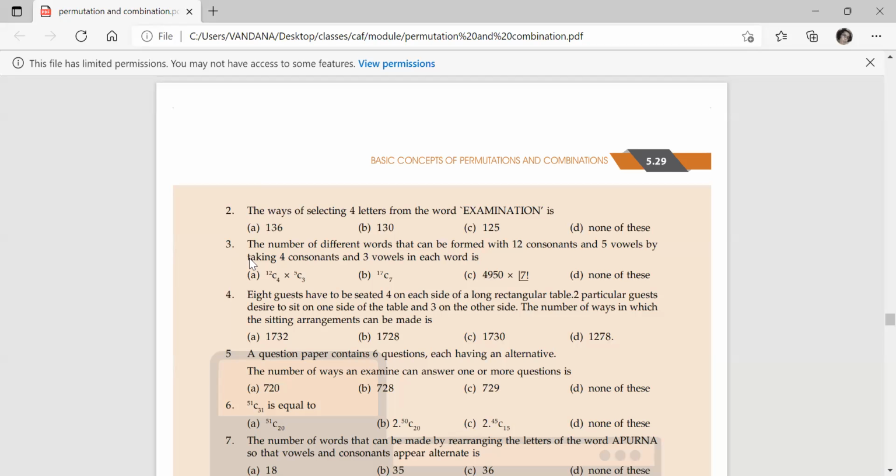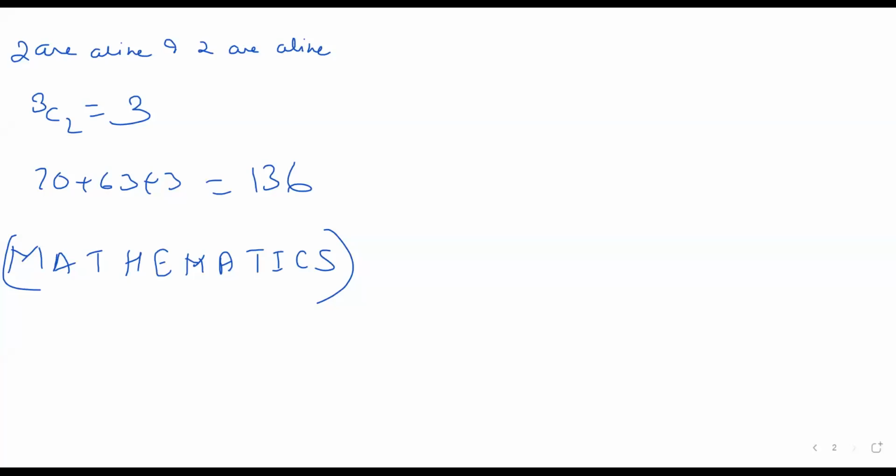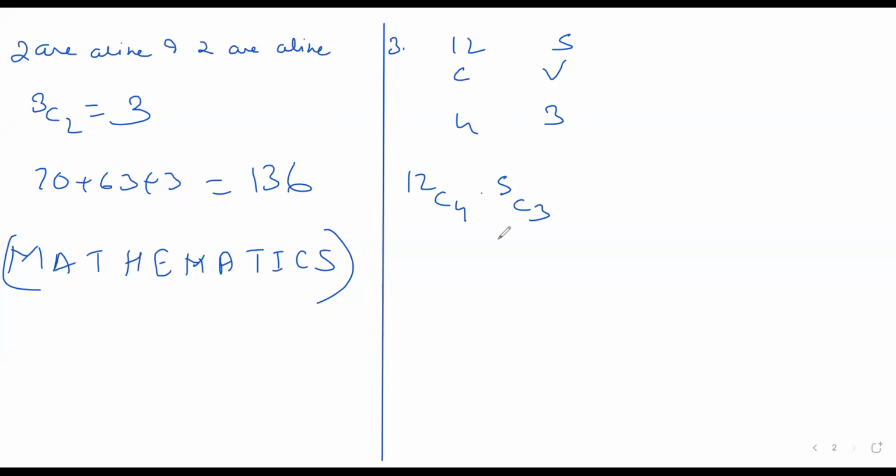Then the next one, the number of different words that can be formed from 12 consonants and 5 vowels by taking 4 consonants and 3 vowels in each word. Total consonant कितने हैं? थर्ड सम के बारे में बात कर रहे हैं हम. 12 कंसोनेंट 5 वॉवल है, उसमें से हमको सिलेक्ट किसको करना है? 4 कंसोनेंट 3 वॉवल को. 12C4 into 5C3. कोई भी 4 कंसोनेंट और 3 वॉवल सिलेक्ट हो गए. अब इन 7 को अरेंज भी करना है, 7 फैक्टोरियल.